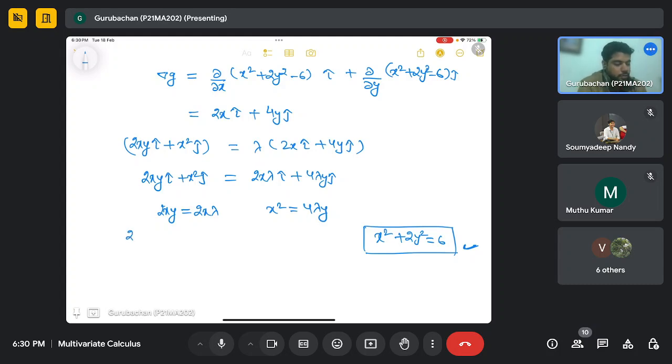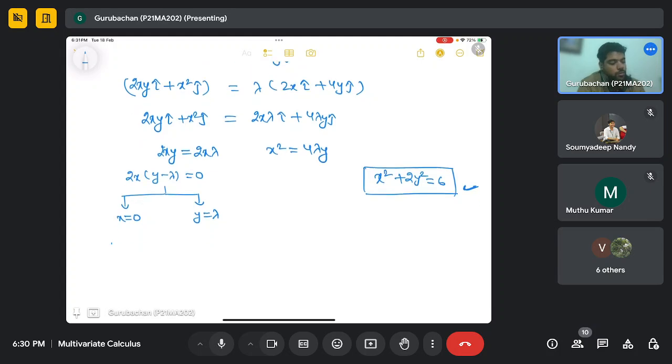Can I write it like this? And what will this do? This will give you two possibilities, either x equal to 0 or y equal to lambda. Right? Now suppose in case 1 you are considering y equal to lambda.